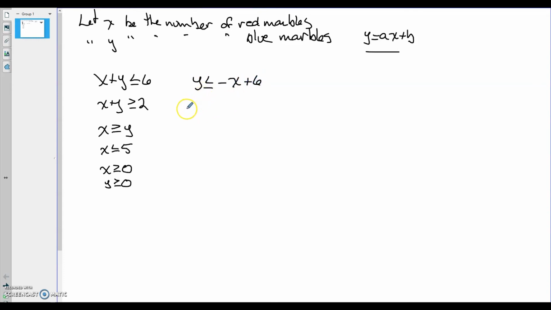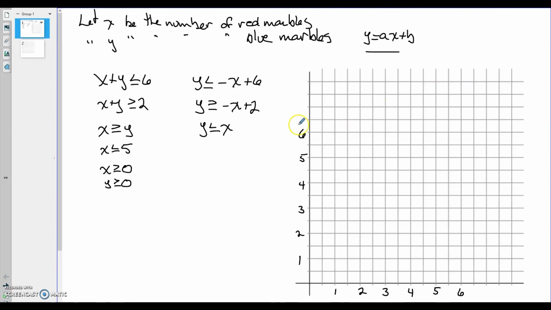The next line, x plus y greater than or equal to 2, we're going to rearrange that one to be y greater than or equal to negative x plus 2. Then x greater than or equal to y can be rearranged into y less than or equal to x. And then with our x greater than or equal to 0 and y greater than or equal to 0, we know how to graph those already.